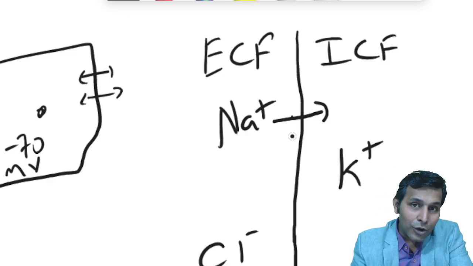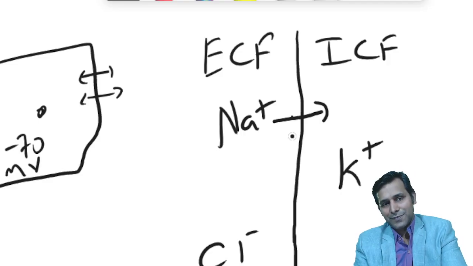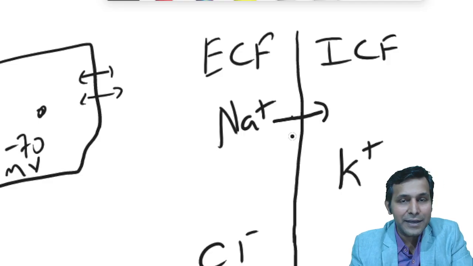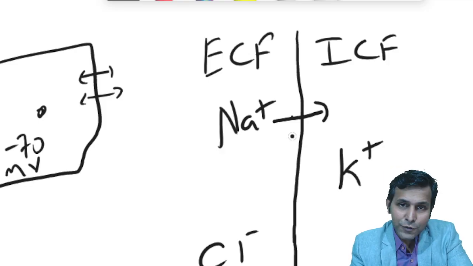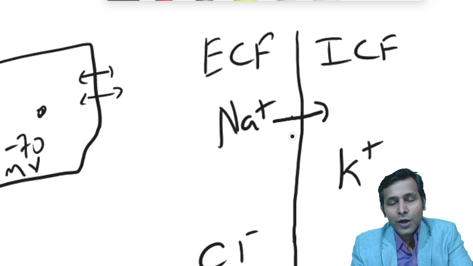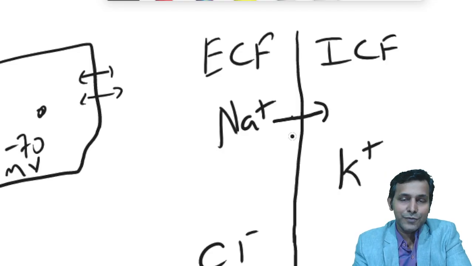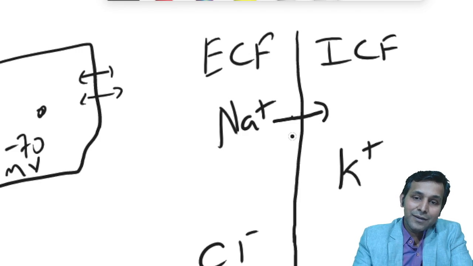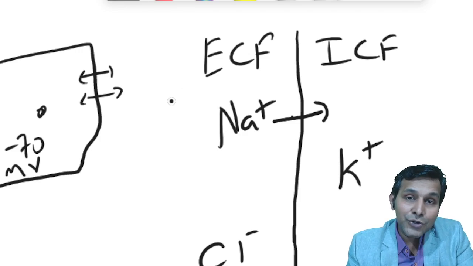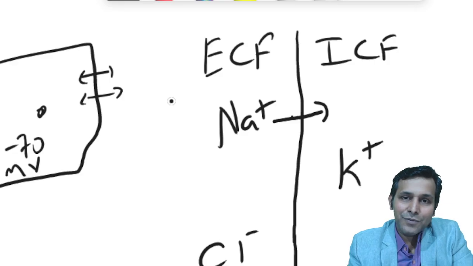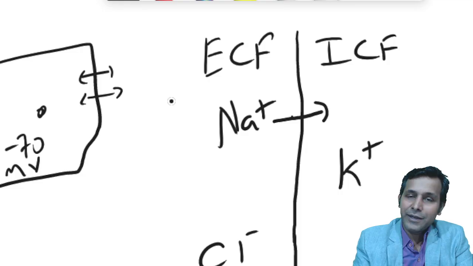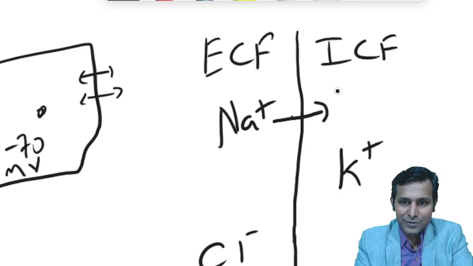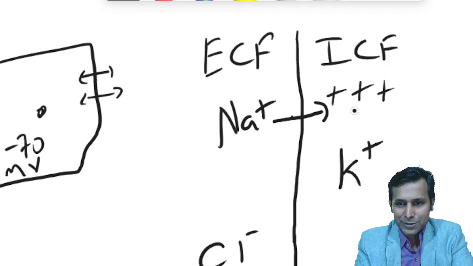So if by concentration gradient we have sodium channels which allow sodium ions, and if sodium ion is going to diffuse from outside to inside, what voltage is sodium ion going to bring inside the cell? Definitely it is going to bring positive voltage.